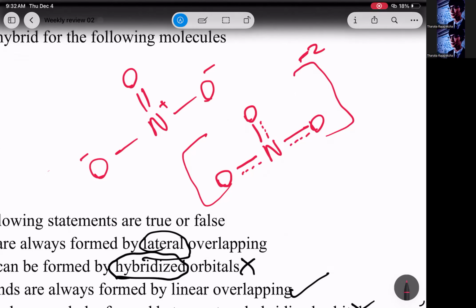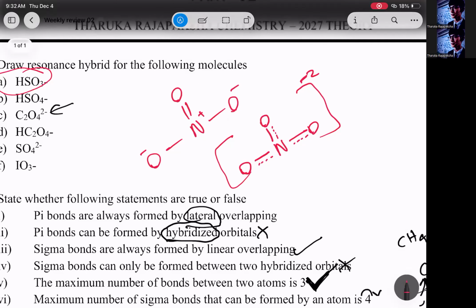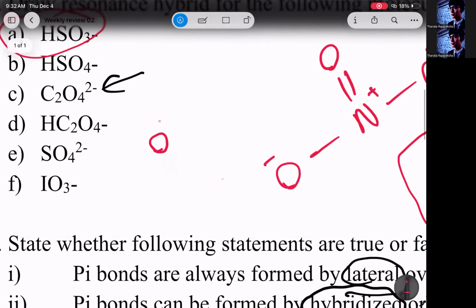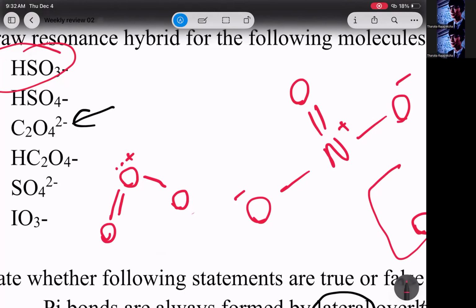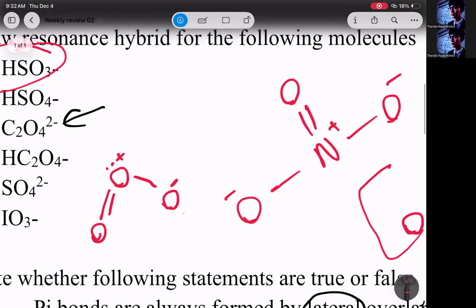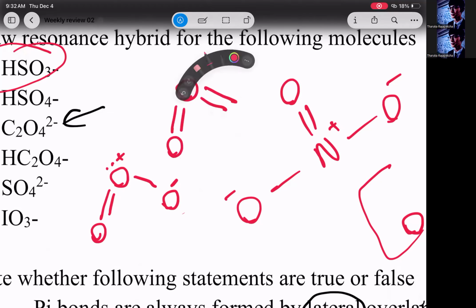Right. Ozone molecule. Now there are 2 resonance structures for this. When you draw it, the total charge is 0. There is no overall charge in the molecule, don't forget that.